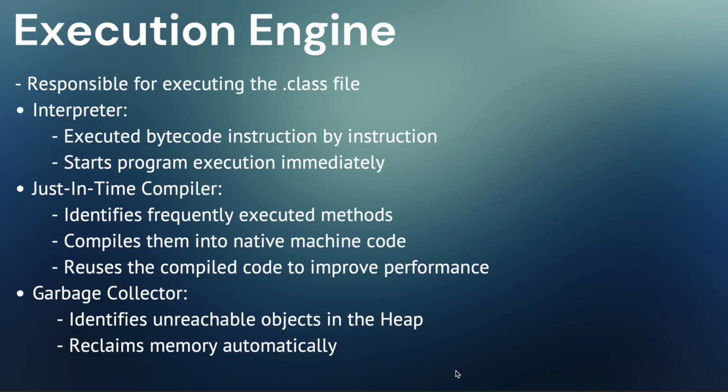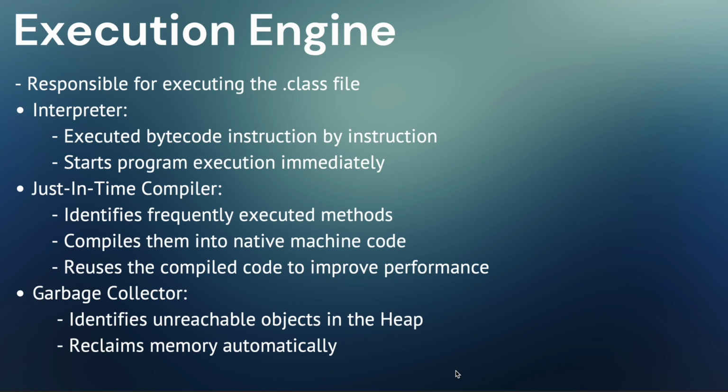If it notices that a particular piece of code is being executed frequently, something called a hotspot, it may compile that bytecode into native machine code. Once compiled, that machine code is reused directly instead of interpreting it again and again. This significantly improves performance, especially in long running applications. This is one of the key reasons why Java gets faster over time while the program is running.